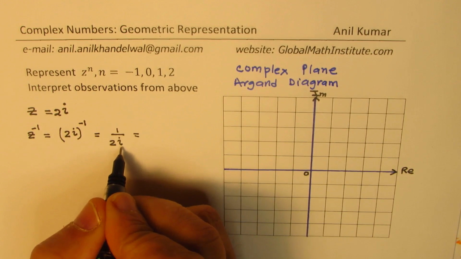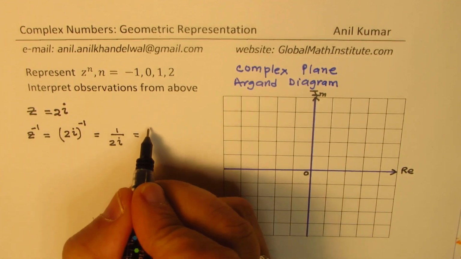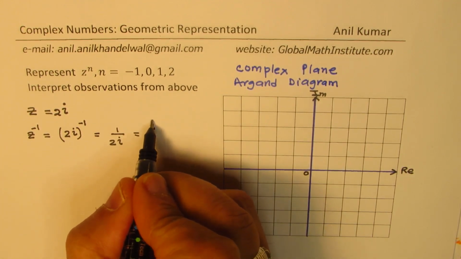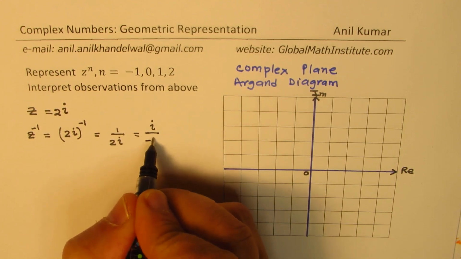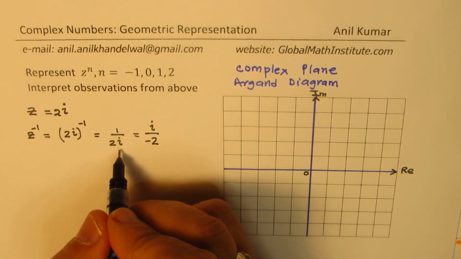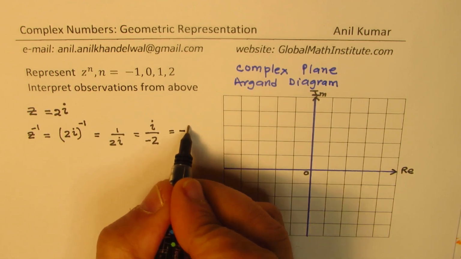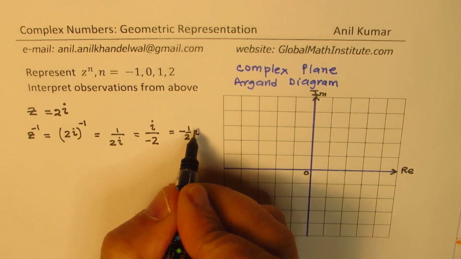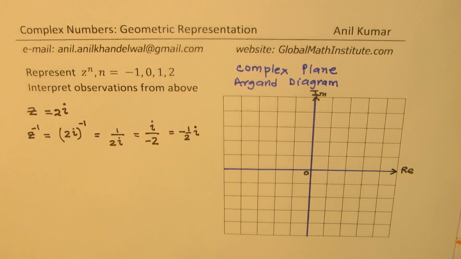Now we can multiply and divide by i. So if I do that, we get i over -2, right? So what we did was, we multiplied and divided by i, which gives negative half i. Correct?